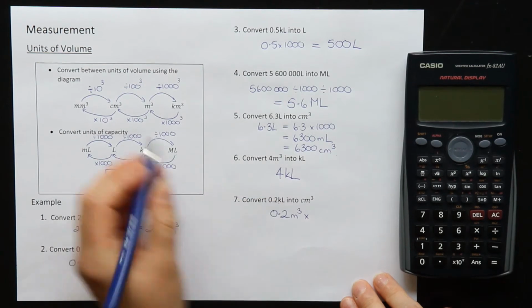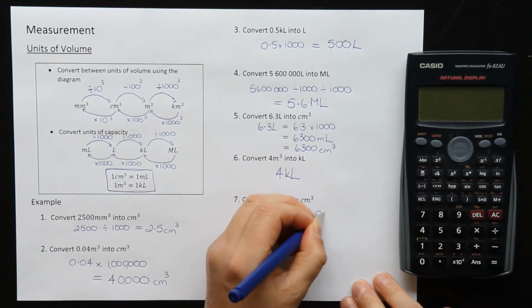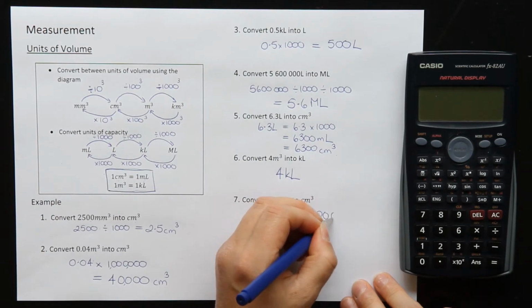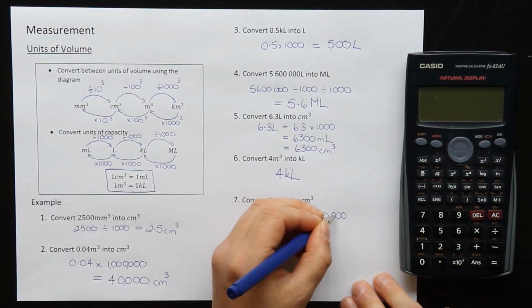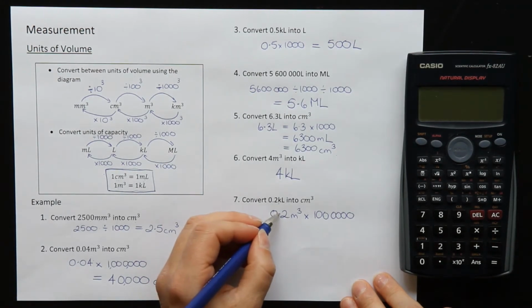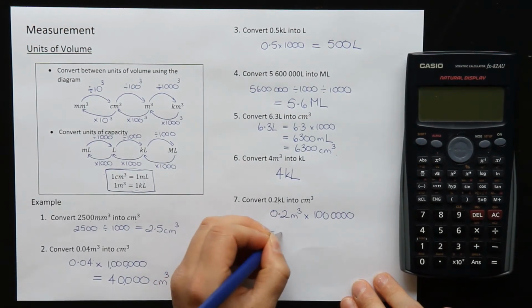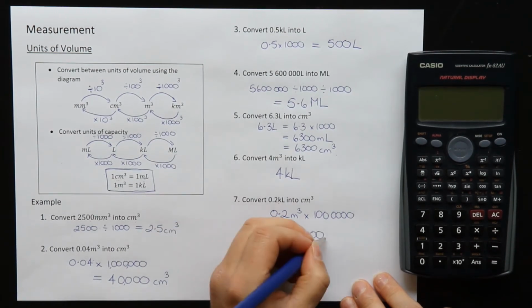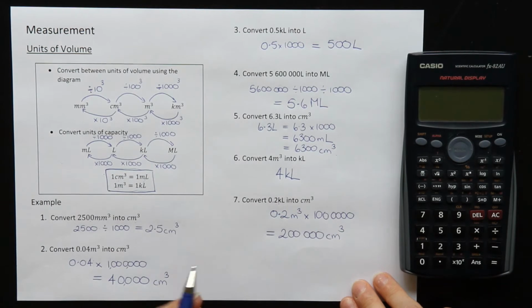So that's 2 zeros times 3, 6 zeros. 1, 2, 3, 4, 5, 6 zeros. So jumping over 6 places, 1, 2, 3, 4, 5, 6 centimetres cubed. All of this can be done on the calculator if you have trouble doing these things in your head.